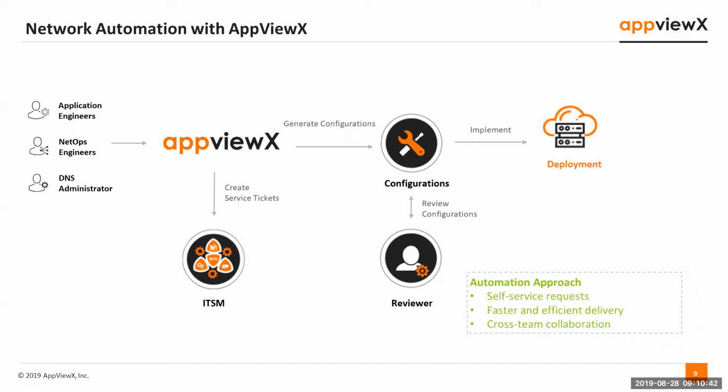The network automation approach that AppViewX offers helps to streamline and offer the ability to integrate the multiple technology skill sets to again provide their individual expertise through the AppViewX platform, allowing each of these contributors to orchestrate their particular contributions and thus streamline through the entire process.